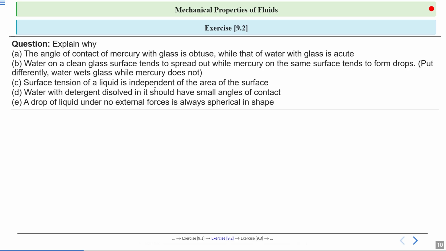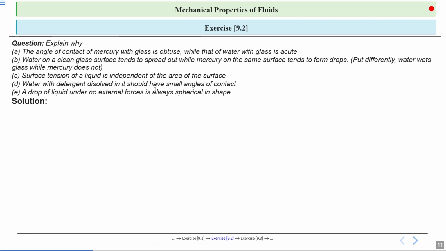C. Surface tension of a liquid is independent of the area of the surface. And D. Water with detergent dissolved in it should have small angles of contact. And E. A drop of liquid under no external forces is always spherical in shape. Let's see the solution.